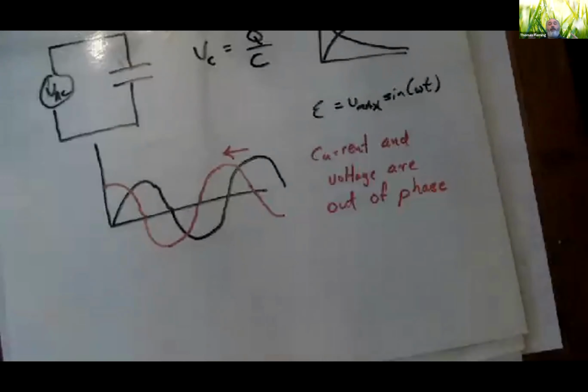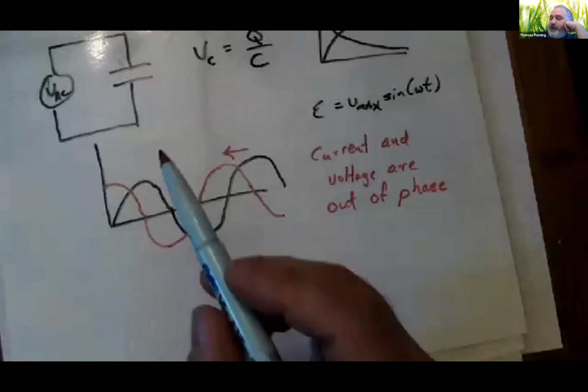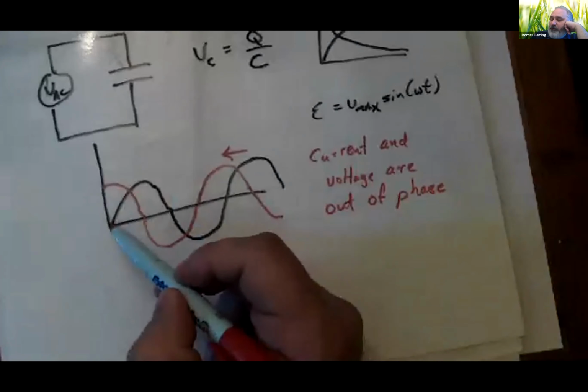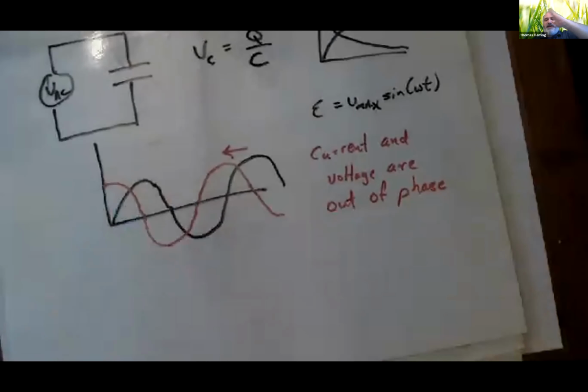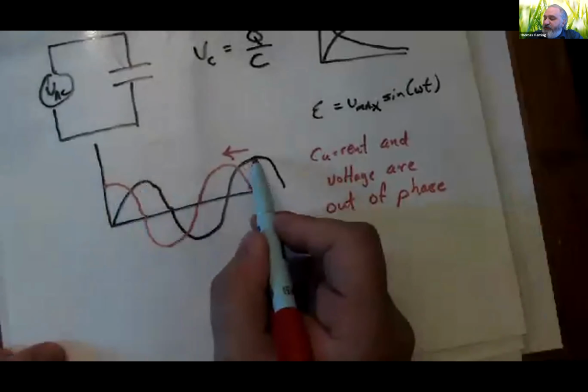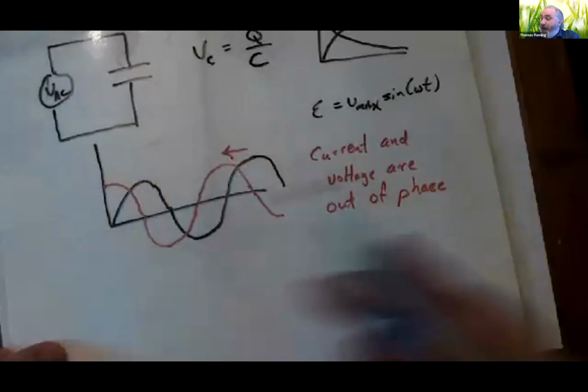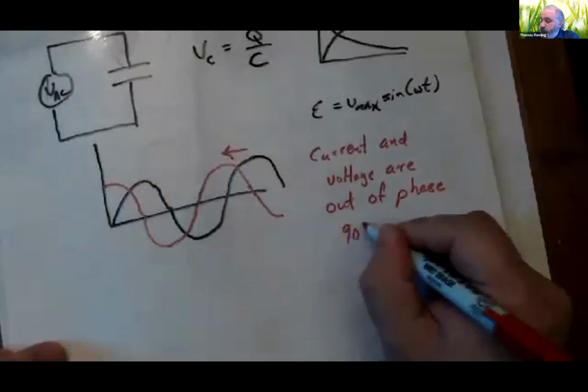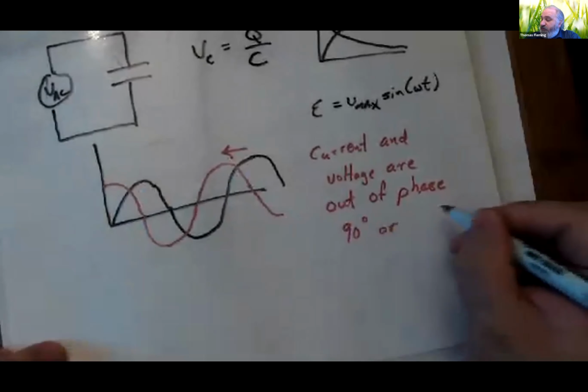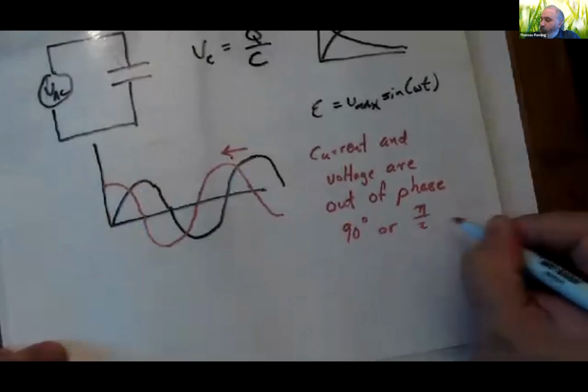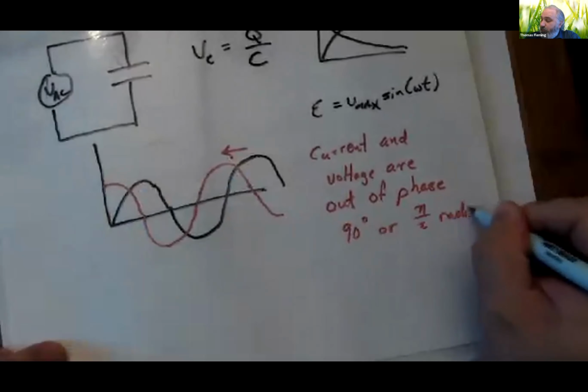Now, if you think about the unit circle for a second, to go from 0 to full, that's like 90 degrees on the unit circle. So we say in this case this shift is a full 90 degrees out of phase, which is the same as pi over 2 radians.